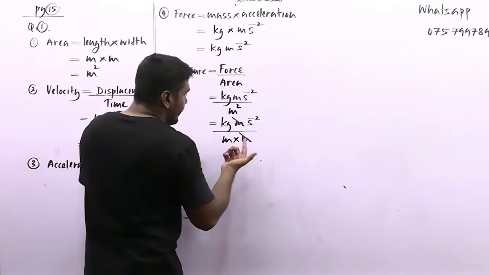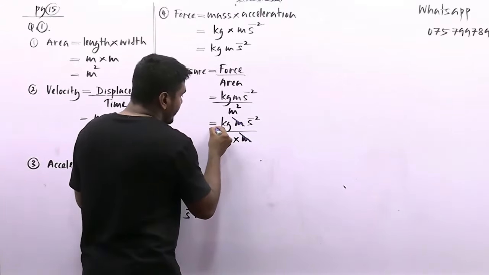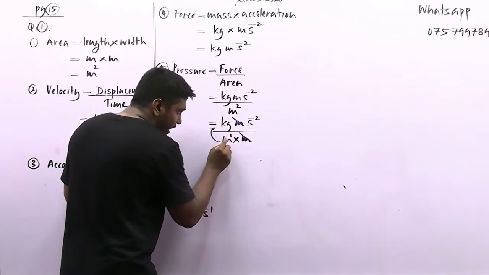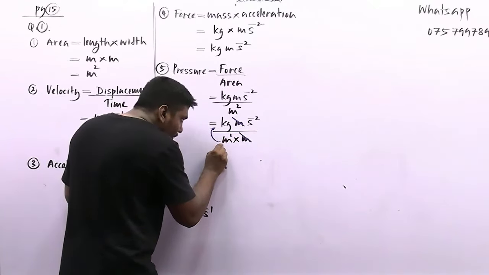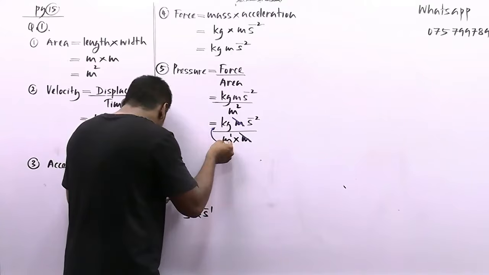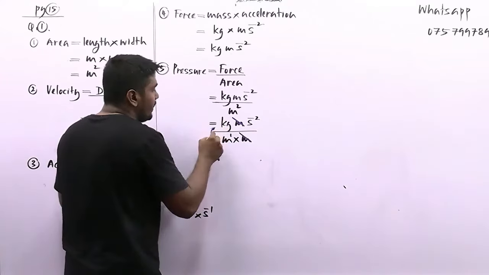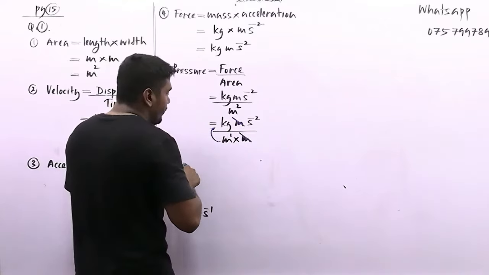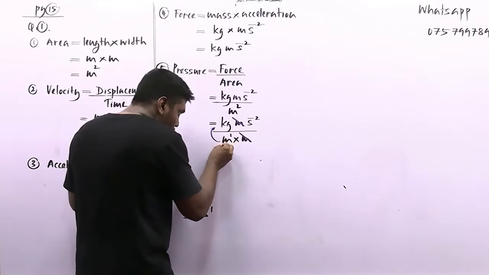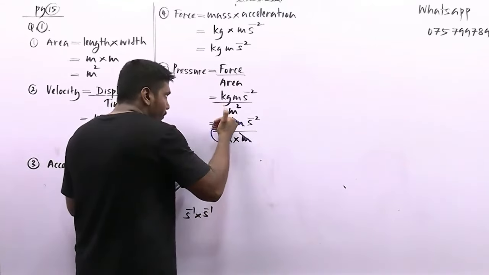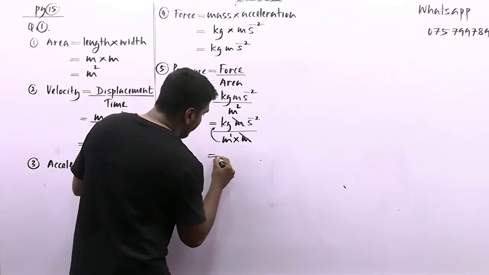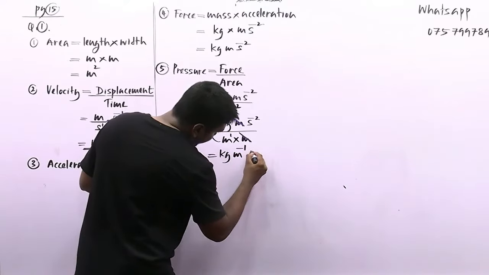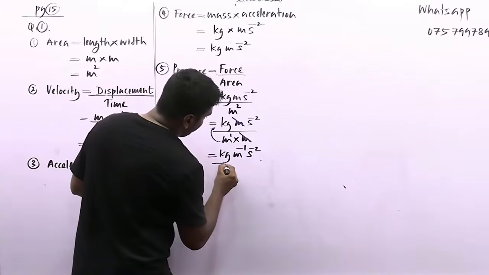If it goes to the numerator, it becomes m to the power minus 1, because the power of m is 1. Then we can write kg m to the power minus 1 s to the power minus 2. This is the unit of pressure.